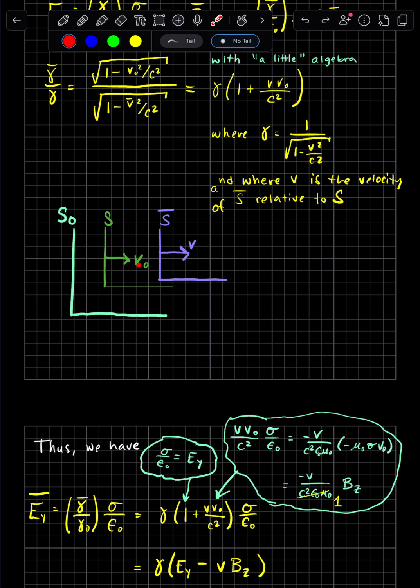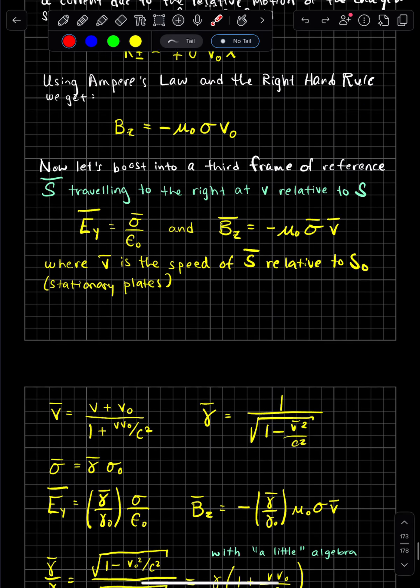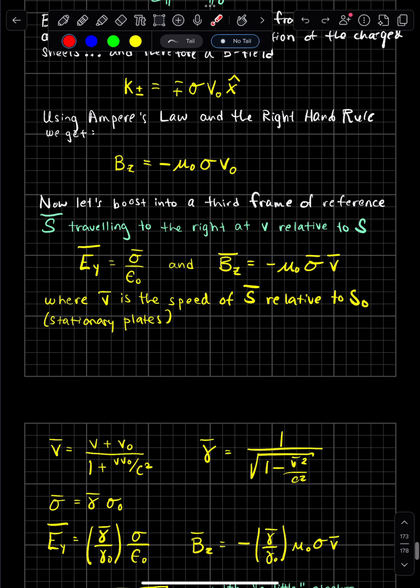And that's where we are now. We ask the question: if we boost to frame S bar, going at velocity v relative to frame S, what E field and B field do we see?